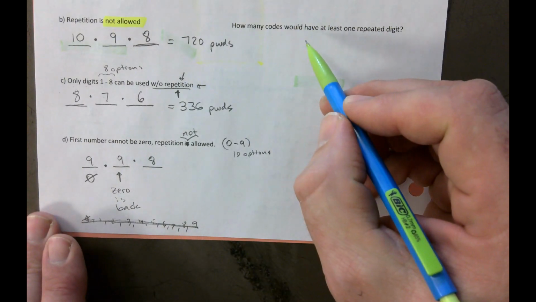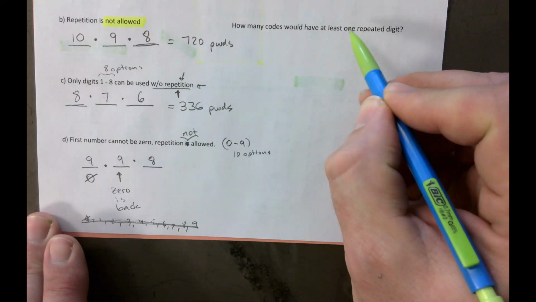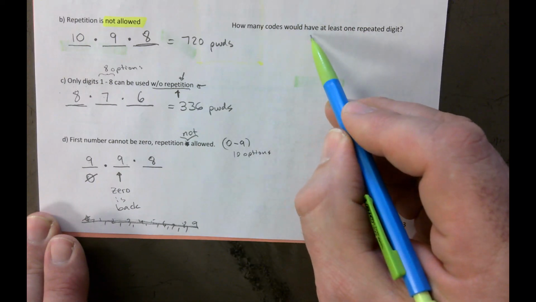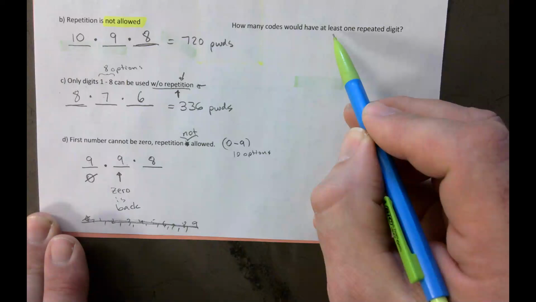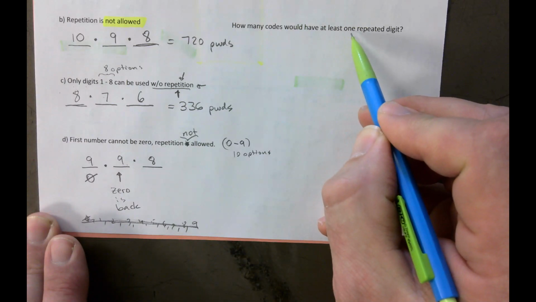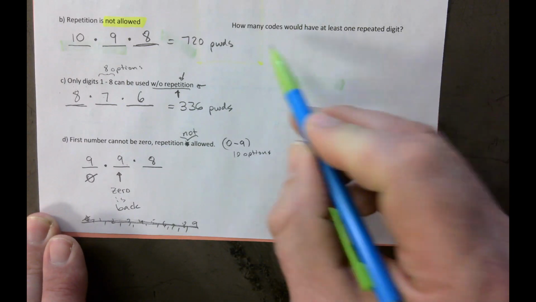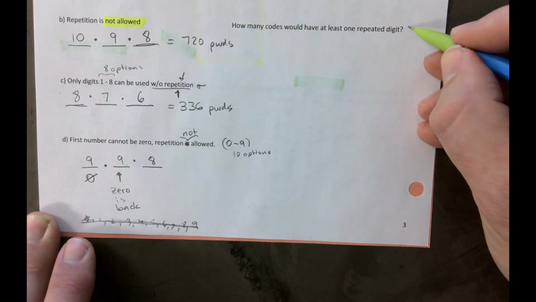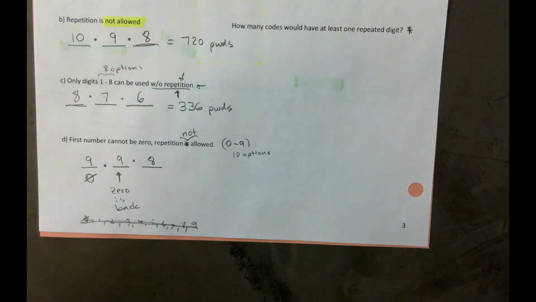Okay. This one here, how many codes would have at least 1 repeated digit? This one right here, I want you to put a star there. And I'm going to highlight that one as well.